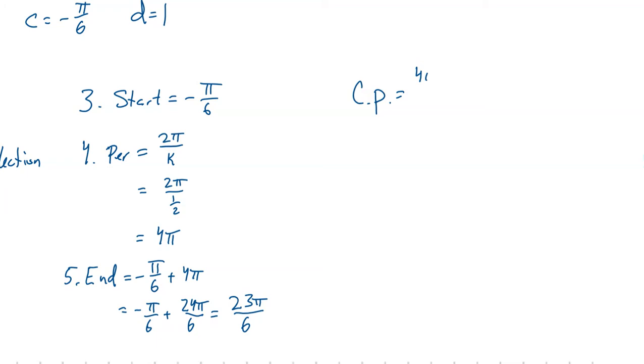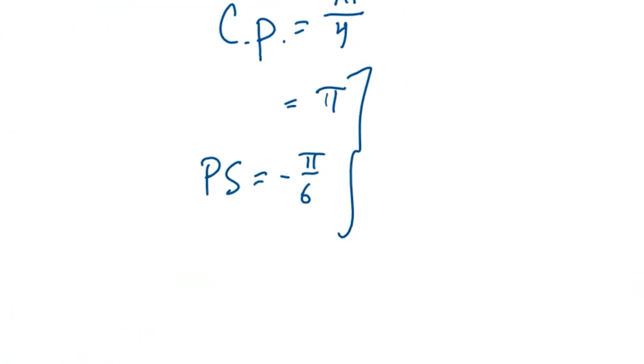You take the period and divide by 4. Always divide by 4. 4 pi divided by 4 is pi. Then you compare it to the phase shift, which in this case is pi by 6. We don't really care if it's positive or negative, but then you get a common denominator between those two values.